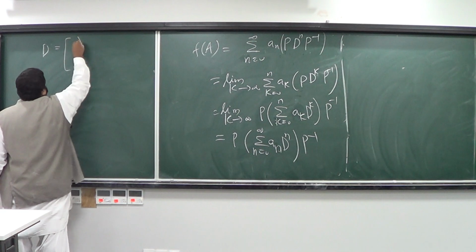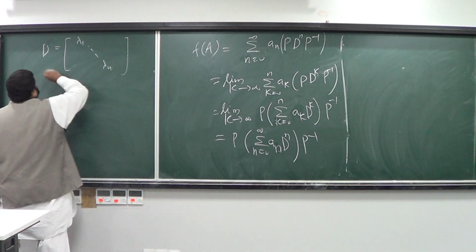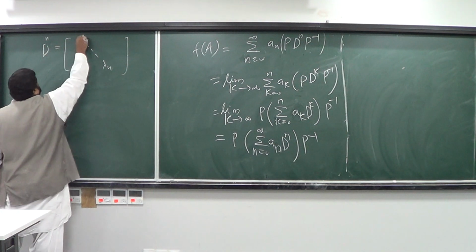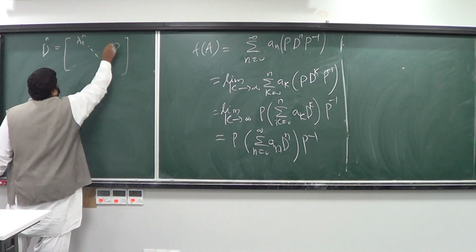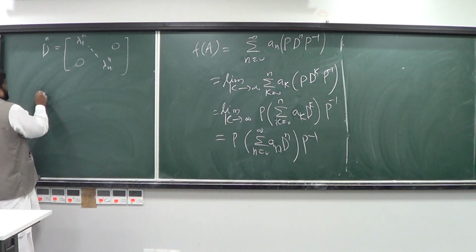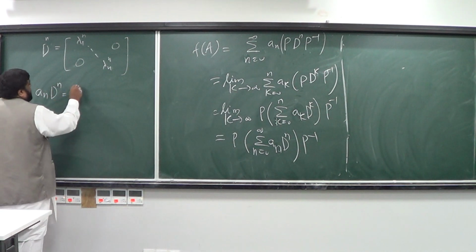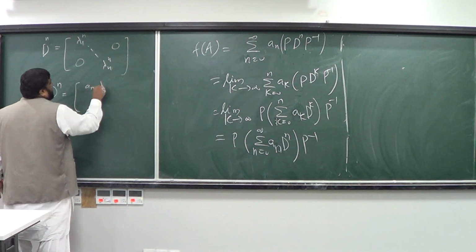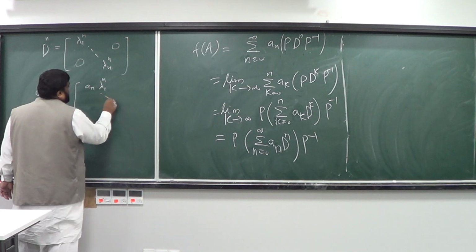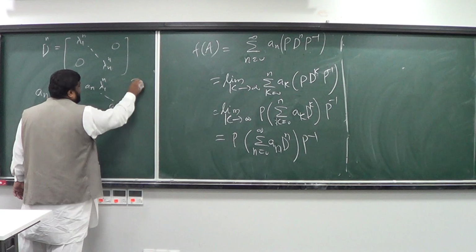D is: take the eigenvalues of the matrix and put them here. So what would be D to the power n? It's going to be the eigenvalues to the power n and 0 and 0 here. Okay, this is what you're going to get. What would be a_n multiplied with D to the power n? It's going to be a_n multiplied with these eigenvalues: a_n multiplied with lambda_n to the power n.